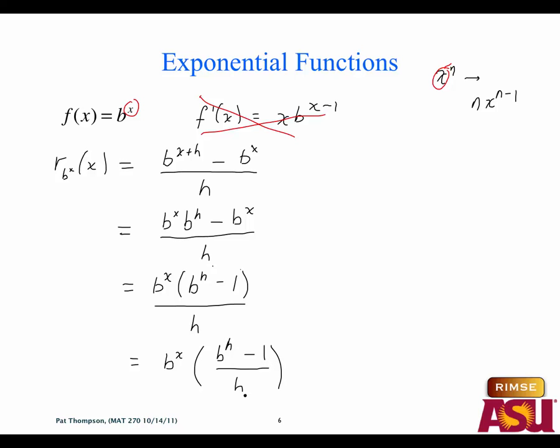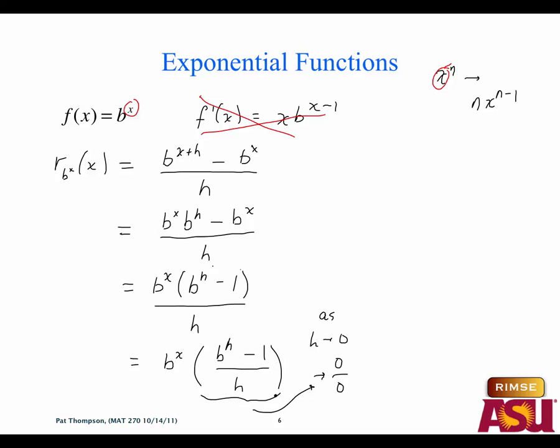B to the h is 1, but it's 1 minus 1. So as h gets very, very small, b to the h approaches 1.